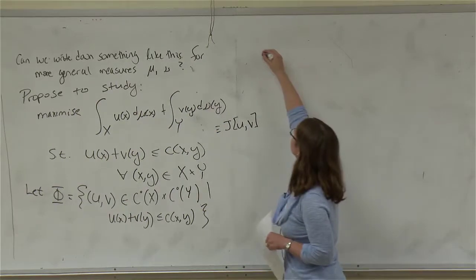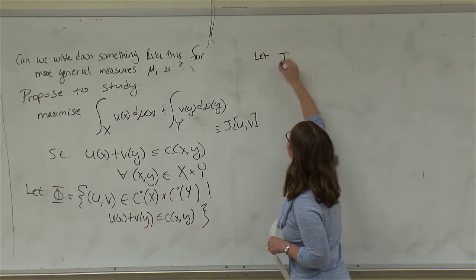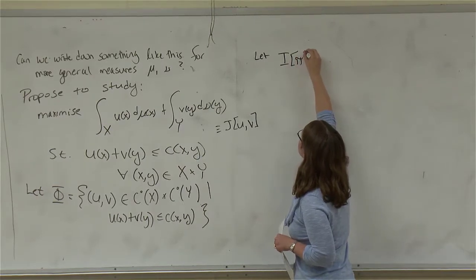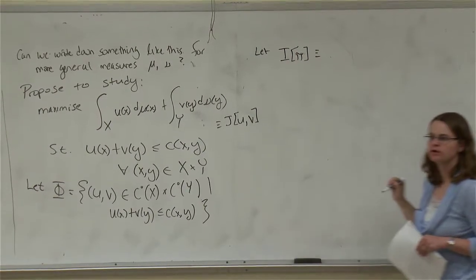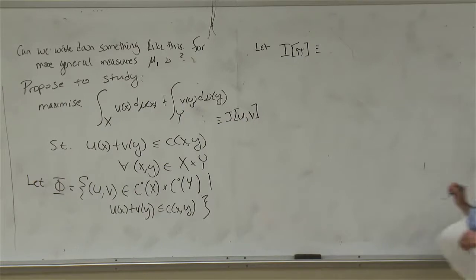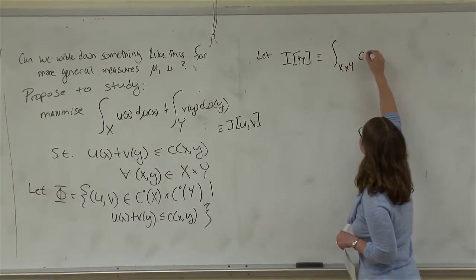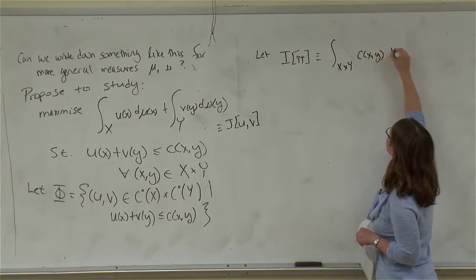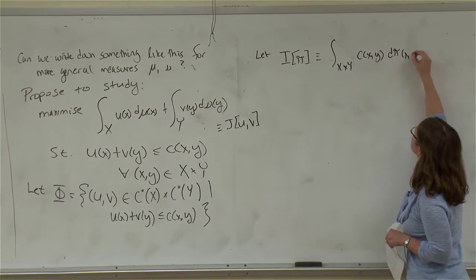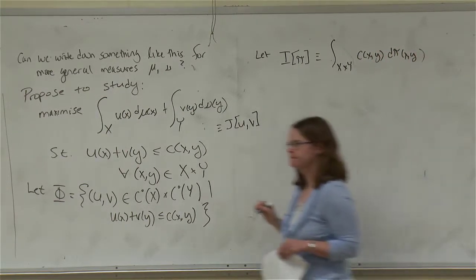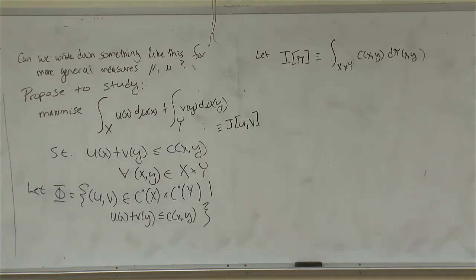And for reference later on, I'm going to let I denote the objective function from my original Kantorovich problem. So this is the integral of my cost function against the measure pi. It's just for shorthand.